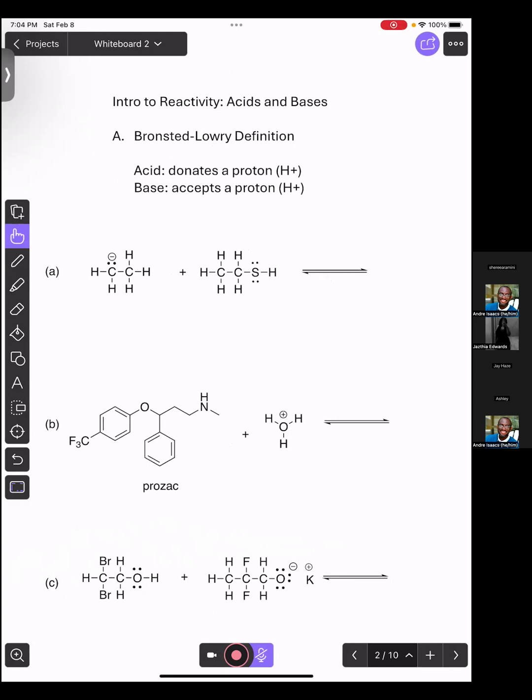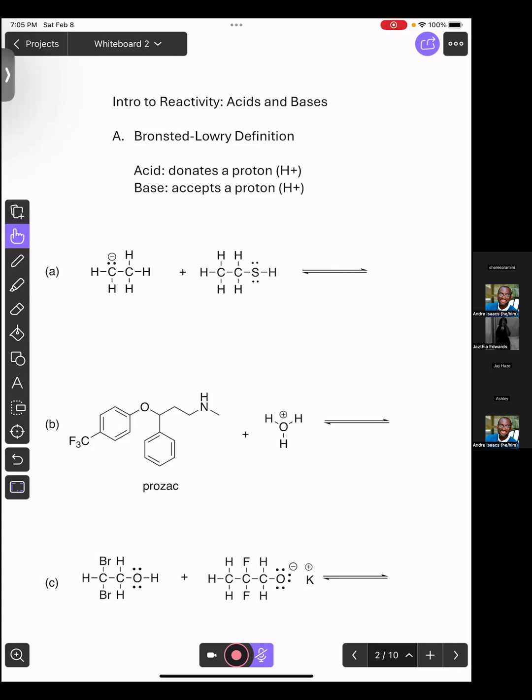Arrows are very important in organic chemistry because with arrows we're showing the movement of electrons, and how electrons move is a critical thing to learn so you can showcase molecules reacting with each other.